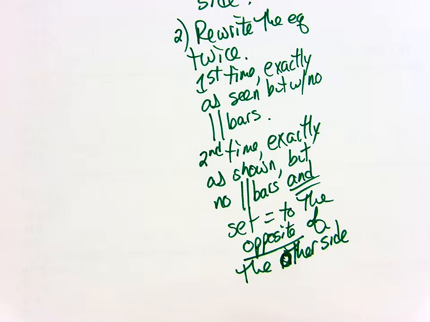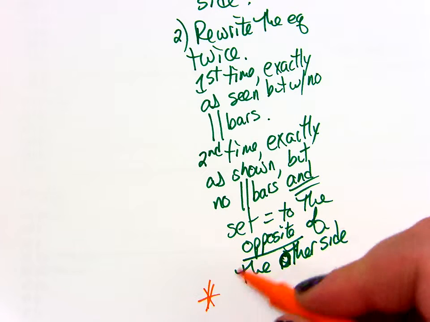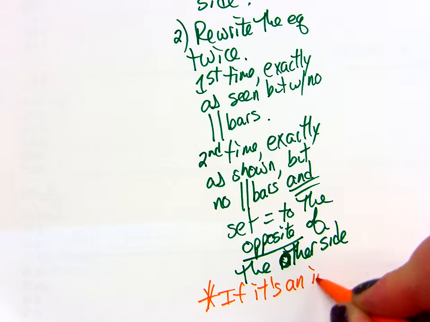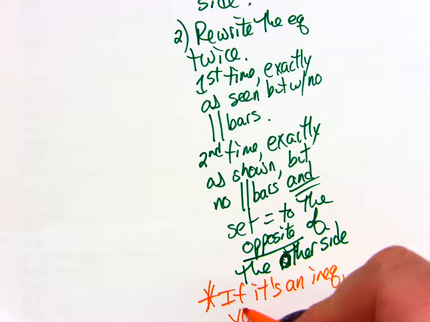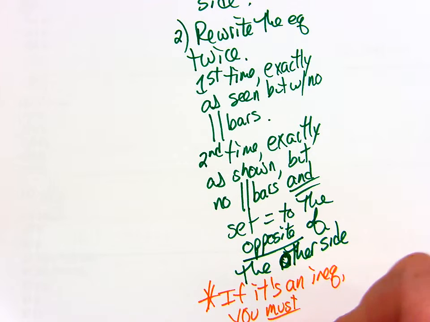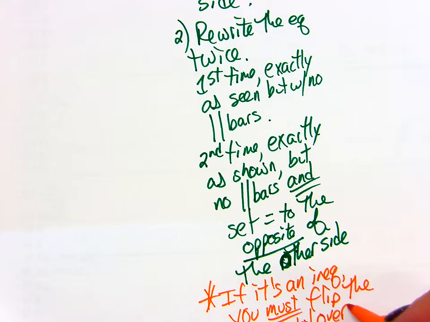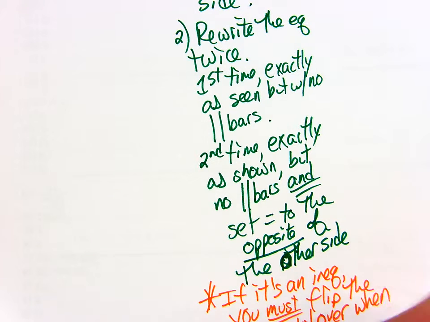And I know we're not doing an inequality right now, but we will be, and we won't want to write these steps over again. So I'm just going to add a star. If it's an inequality, you must flip the symbol over when rewriting the second time.